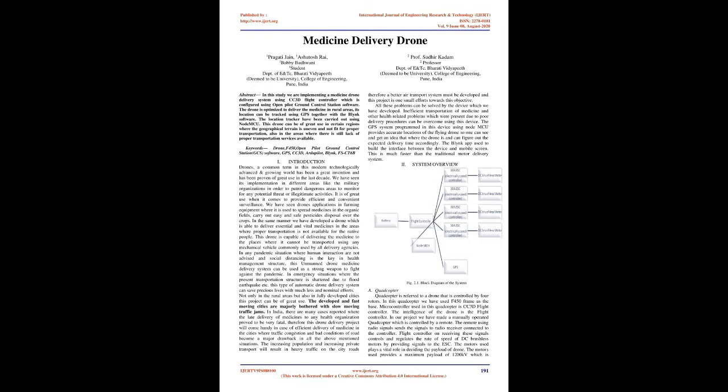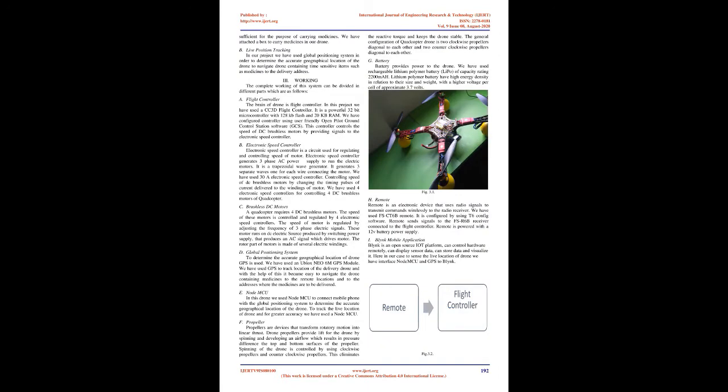Fig 2.1. Block diagram of the system. A. Quadcopter. Quadcopter refers to a drone that is controlled by 4 rotors. In this quadcopter we have used F450 frame as the base. Microcontroller used in this quadcopter is CC3D flight controller. The intelligence of the drone is the flight controller. In our project we have made a manually operated quadcopter which is controlled by a remote.